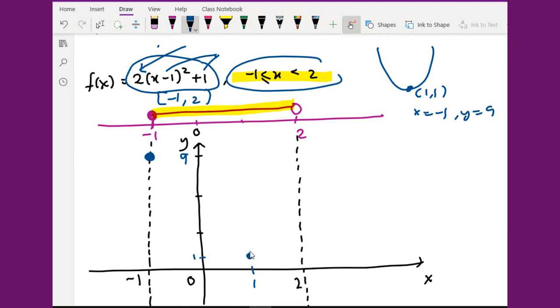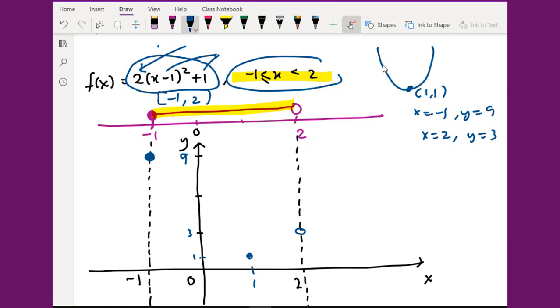And x is equal to 2: substitute, 2 minus 1 is 1, squared is 1, plus 1 is 2. So the coordinate is (2, 2), and this is an empty circle.